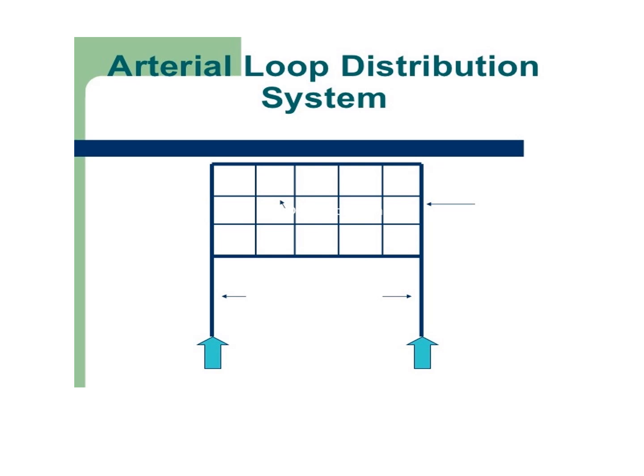You can see that you have the larger diameters here on the outsides, and it's delivering the water to the distribution mains that are now set up. Now, in this system, water will flow around in these directions through these arterial mains and to these distribution mains. It's pretty similar.